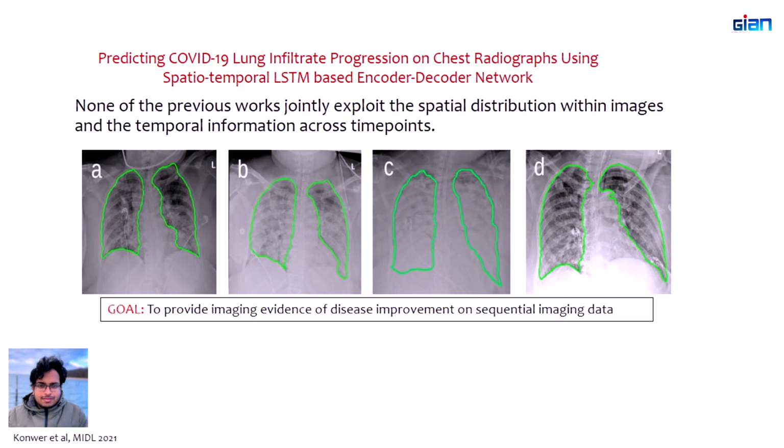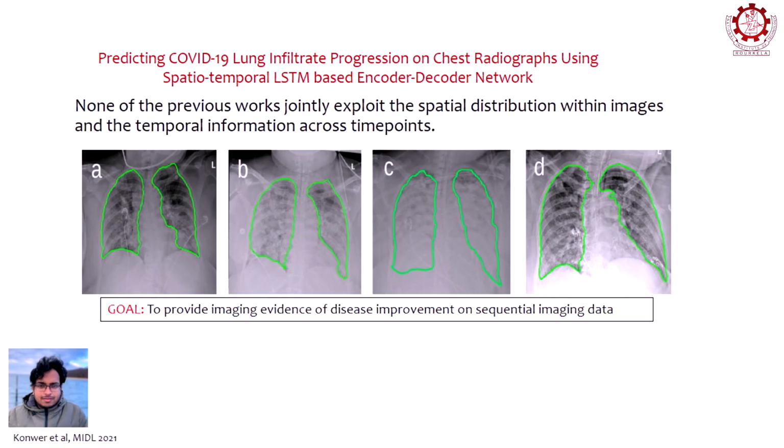So just detecting COVID wasn't the challenge here. None of the works back then had studied the spatial distribution within the images and the temporal information of how the disease progresses. So we realized there was an unmet clinical need that we wanted to address using our machine learning models.